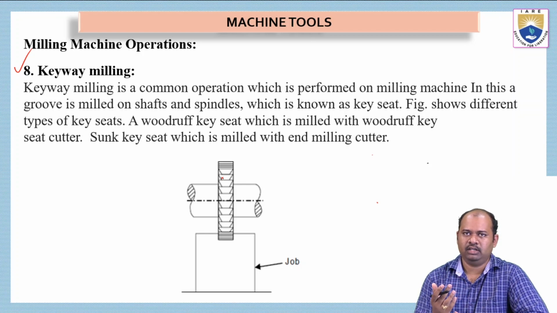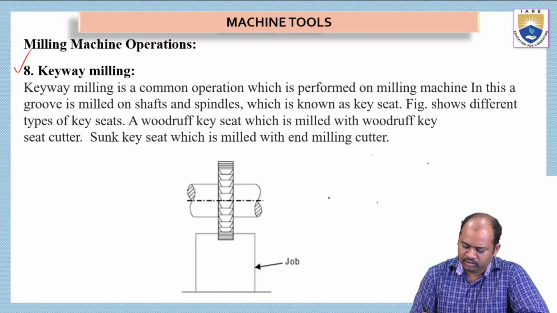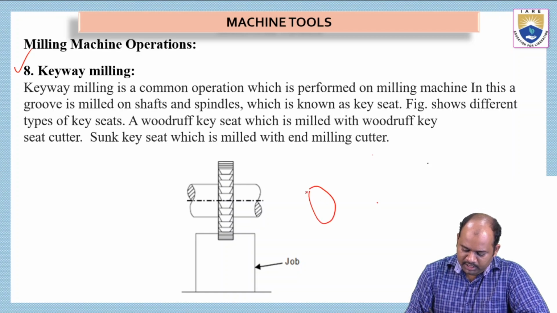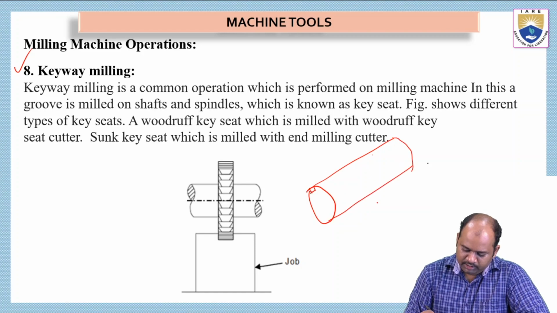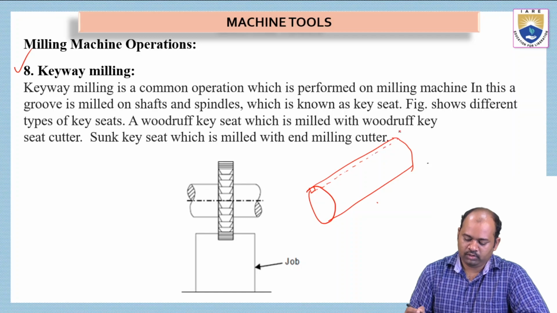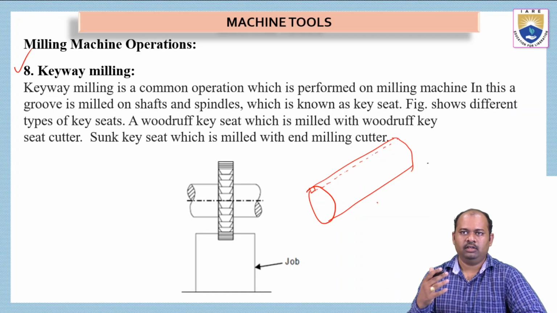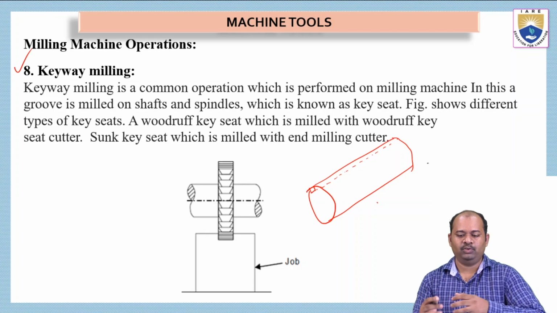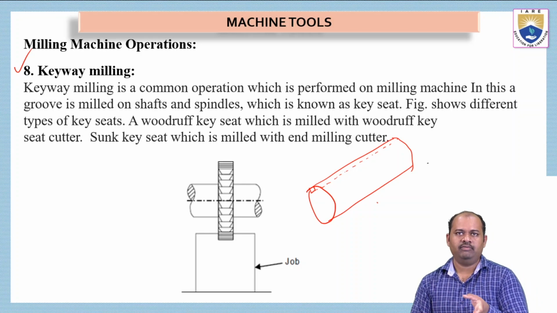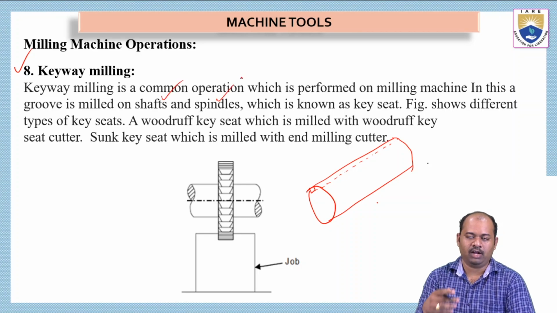This is mostly done on shafts and spindles, because a shaft is a cylindrical object on which we have to make this slot. This slot will be throughout the length of the cylinder. If we want to make such slots, we have to use the process called keyway milling. So for shafts and spindles, we have to use this.